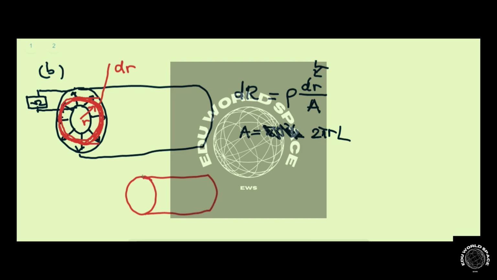So the area of this thing is the circumference, 2 pi r, times the length L. Right?